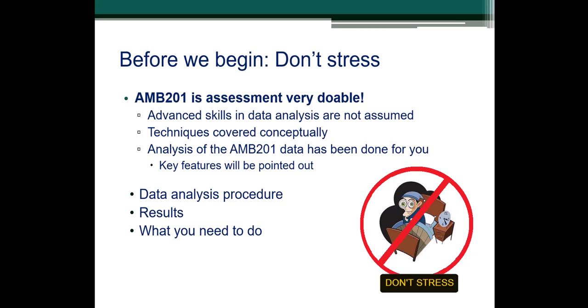What we do is go through these conceptually so that you understand what was done with the data in order to arrive at the results that we obtained. You're not expected to perform the analysis yourself. It's all done by the AMB 201 teaching team. We produce a document that you can get those results from, but these lectures are essentially a way of providing you with an understanding of where those numbers come from.